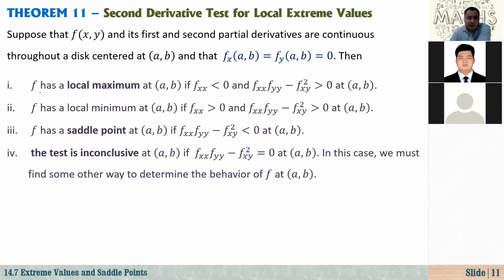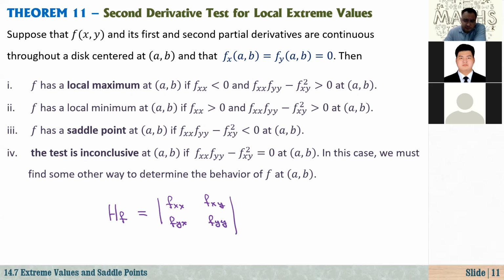Then we can search for whether it is a local maximum or local minimum. The first one says f has a local maximum at (a, b) if fxx, the second order derivative of f with respect to x, is less than 0, and fxx fyy minus fxy squared is greater than 0 at (a, b). This one is a special expression, the Hessian. It is written as a determinant: fxx, fxy in the first row, and fyx, fyy in the second row.